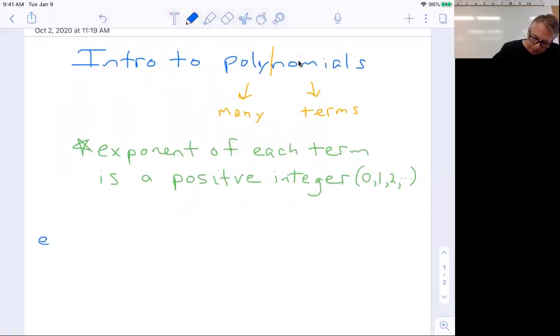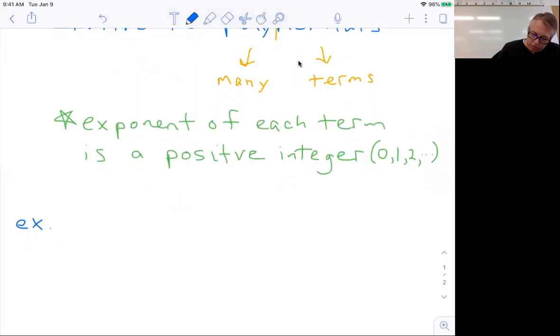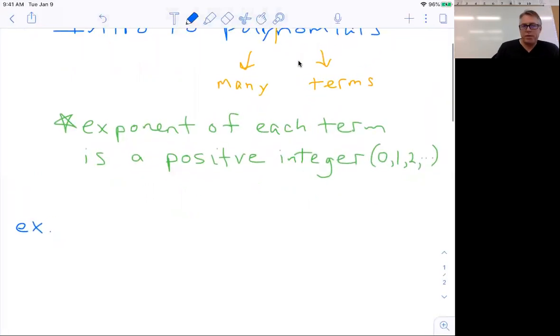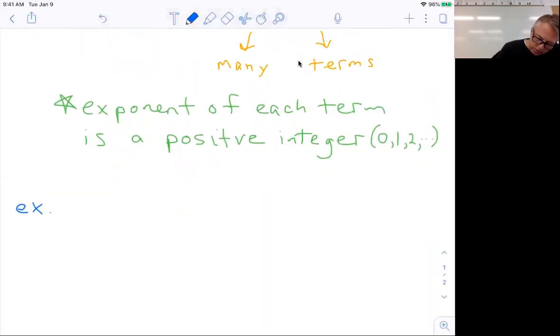All right, so for example, I'm going to write a polynomial, and then we're going to start to classify them by name and by how many terms they have. Something familiar, like x squared plus 6x plus 5. That's a polynomial. It has 3 terms.